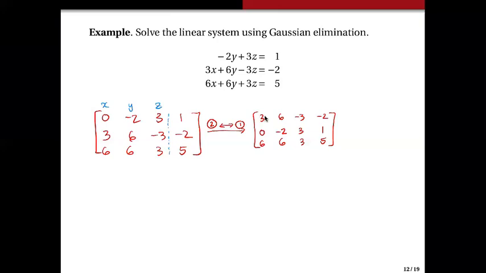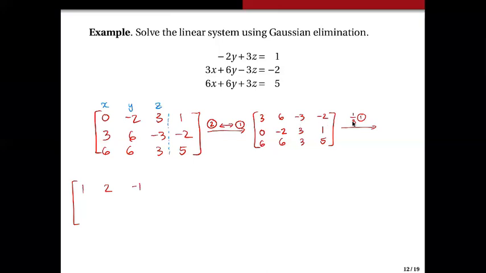Third step, we want to make this a leading one, which means we have to divide the first row by 3. So we have 1/3 of the first row. What will now happen to the matrix? We'll just divide the first row by 3. So 3 divided by 3, that's 1. 6 divided by 3, that's 2. -3 divided by 3, that's -1.